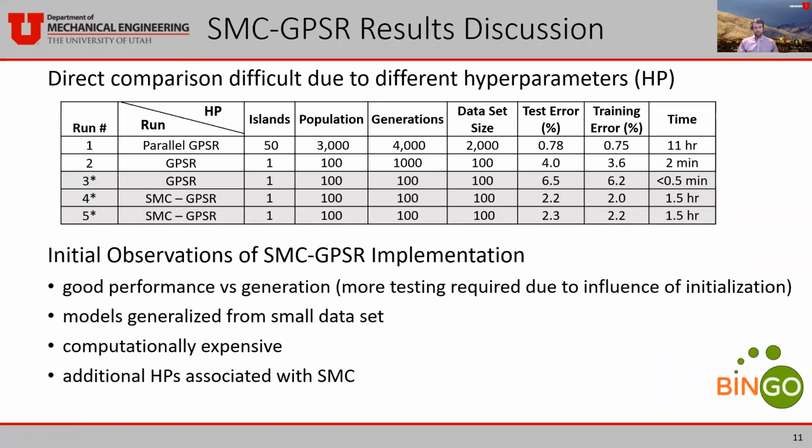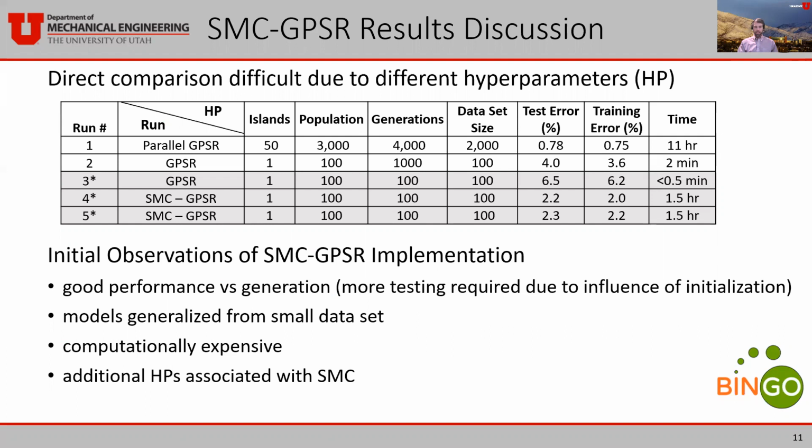So with the smaller trials that were conducted, there were some initial trends. Of course, they need to be further evaluated given the limited scope of this testing, but they suggest there may be better generalization with the sequential Monte Carlo implementation, especially with fewer generational steps.